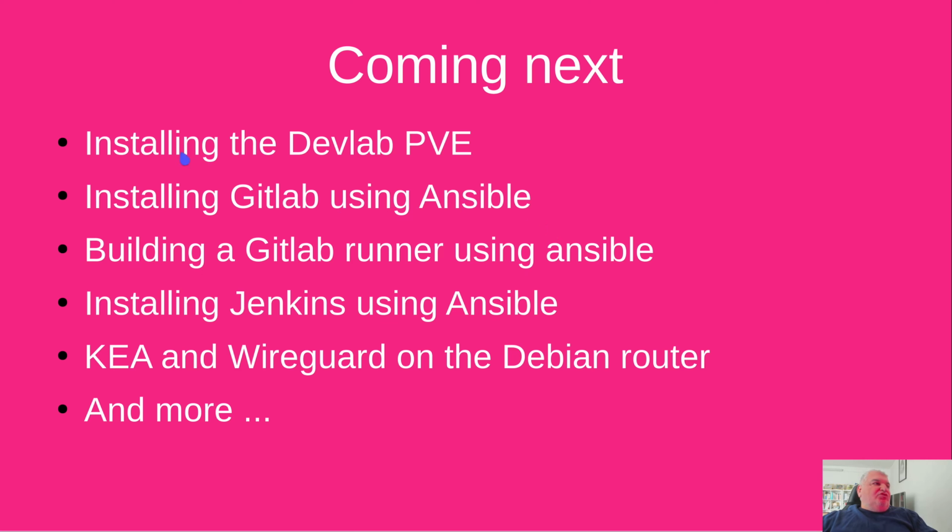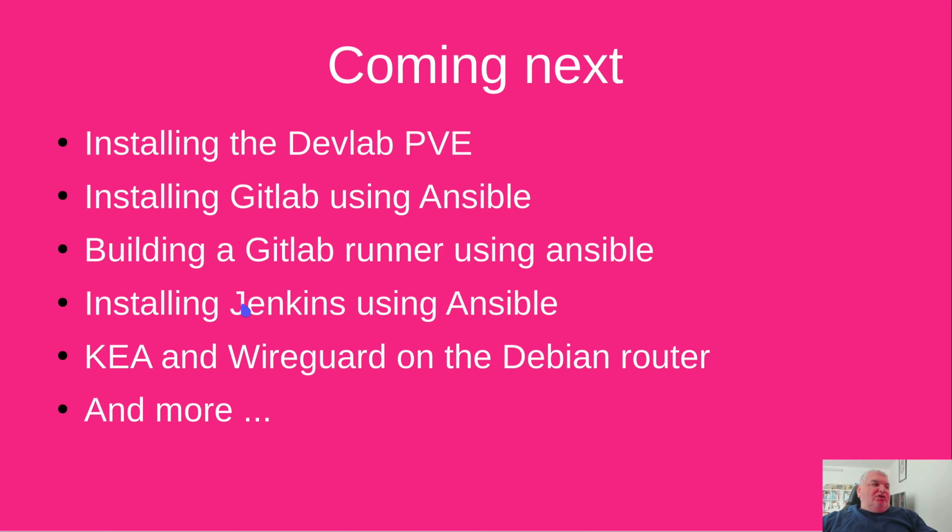In the next episode, we will build the Devlab PVE, which is what we have been using so far. Then we will be installing GitLab and pushing the code and publishing it. Then we will build GitLab runners so that if we change something in the code, for example, we have automations that will deploy these changes automatically using infrastructure as code concepts.